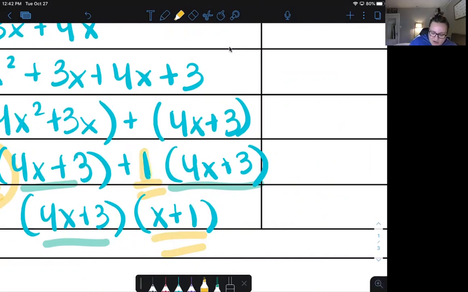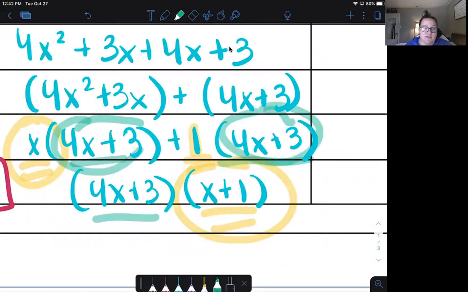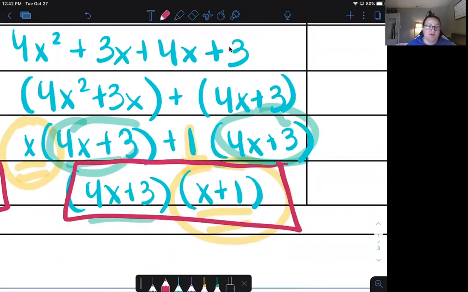But I just wrote it out in front of the parentheses just so I could see it, and then left 4x plus 3 alone. That way, one of my factors ends up being x plus 1, while the other factor is 4x plus 3, which you can clearly see match in these two sets of parentheses. All right, so 4x plus 3 times x plus 1 should be our final answer.